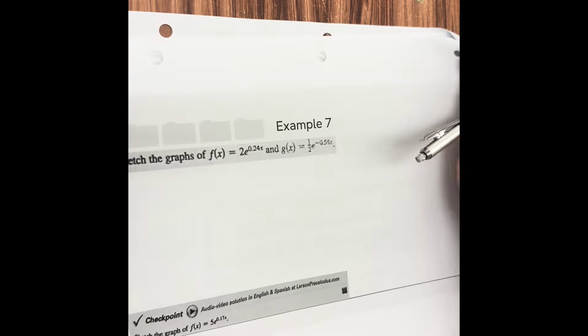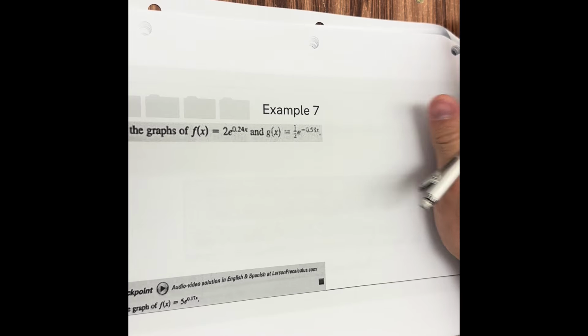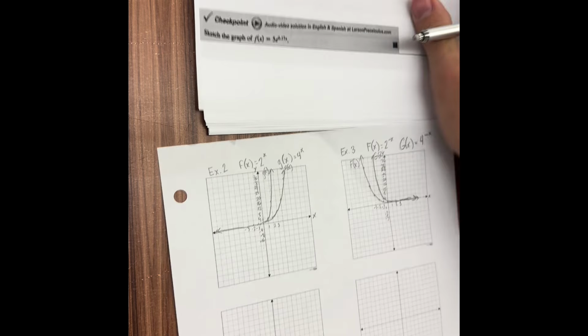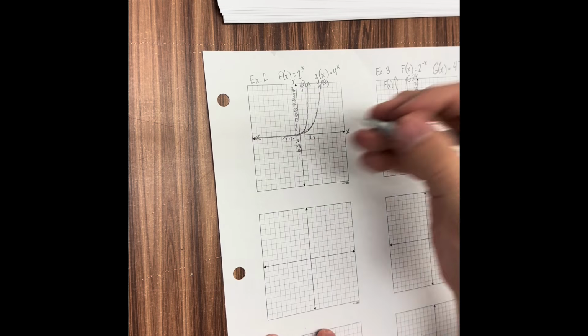All right. Example 7, sketch the graphs of f of x equals 2e to the 0.24x and g of x equals 1/2 e to the negative 0.58x. So again, I'll write these over here.